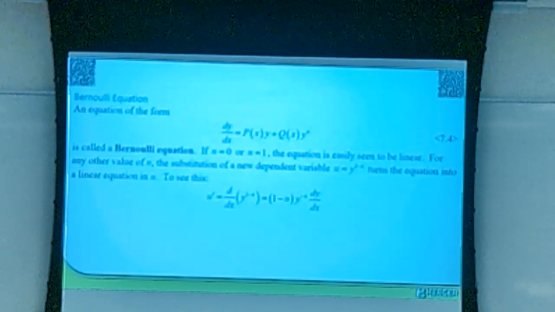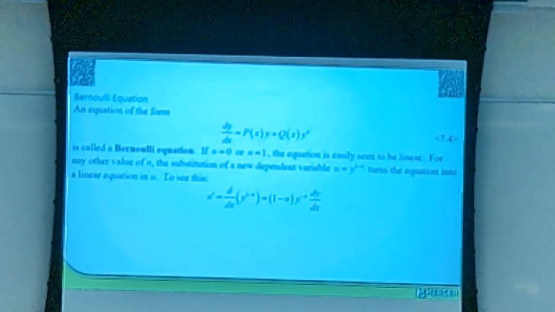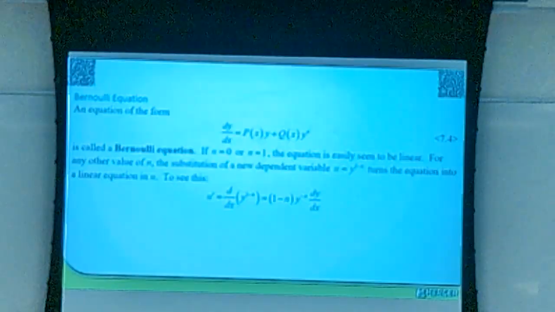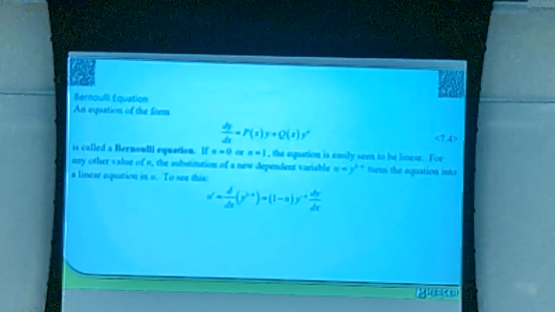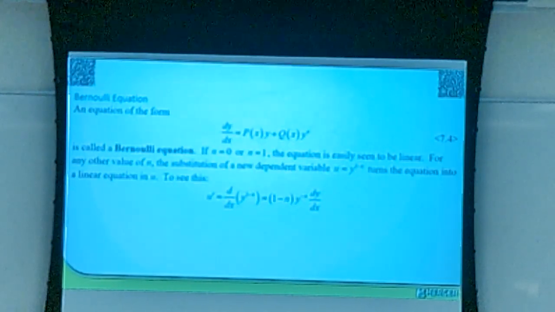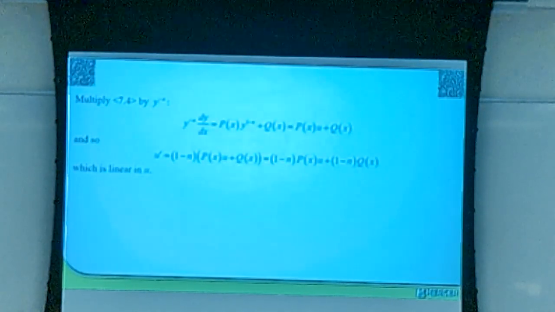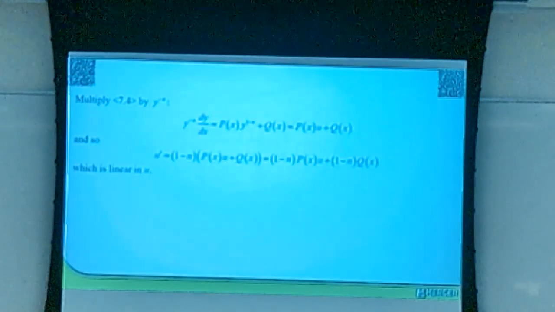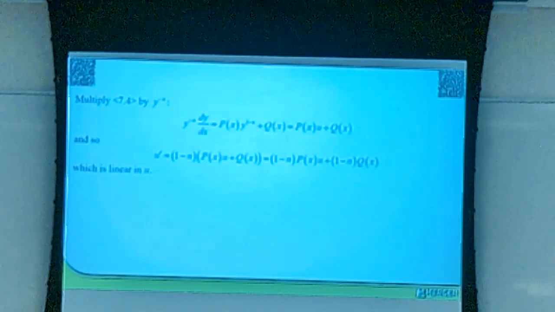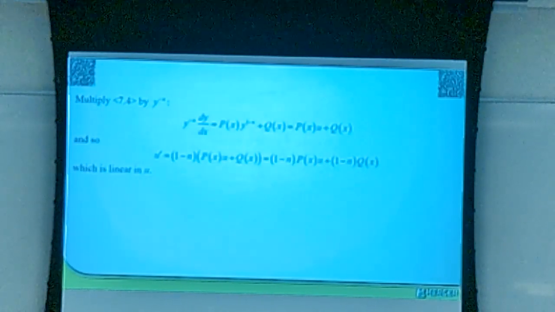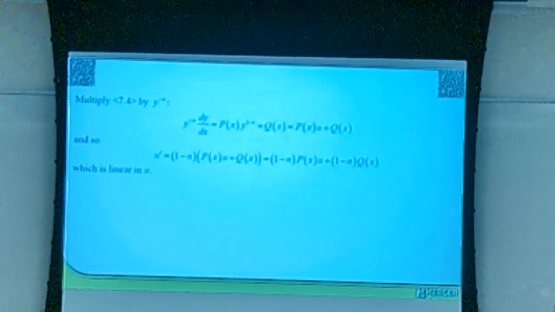And I believe that will make it linear. Yes, it makes it linear in u. And like I said, read section 2.4. I think it's 2.4. That's integrating factors for exactness. That can make an equation exact, which I'm going to cover with these substitutions and with miscellaneous techniques.